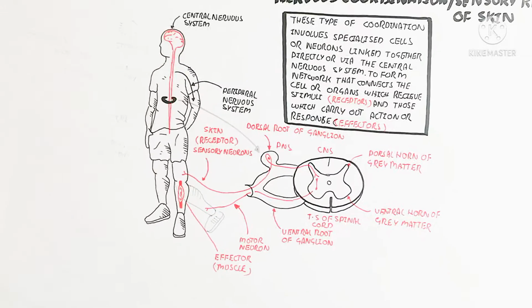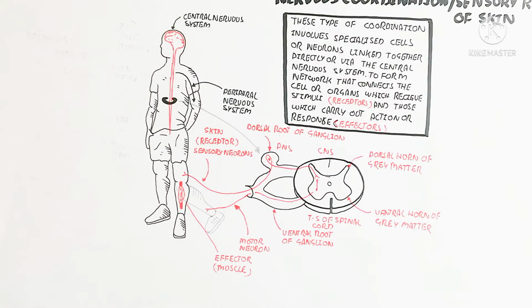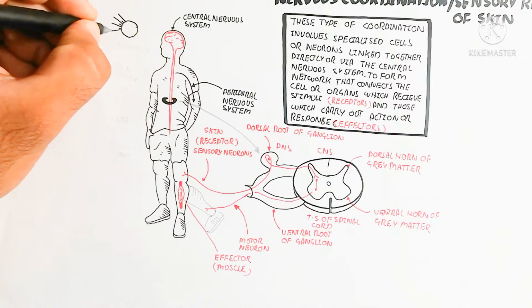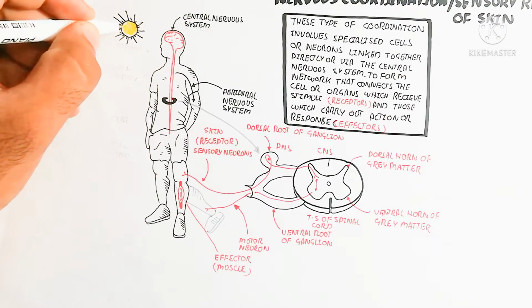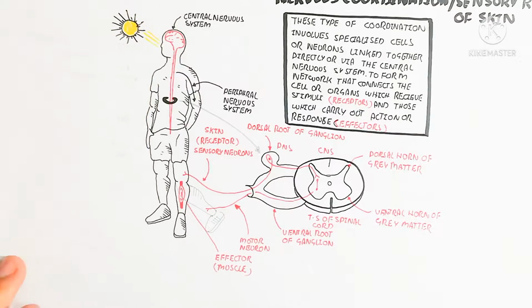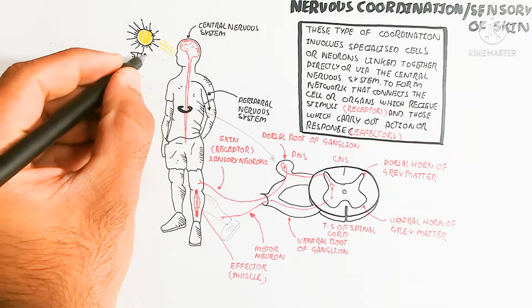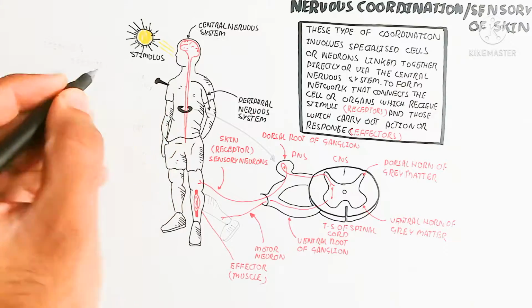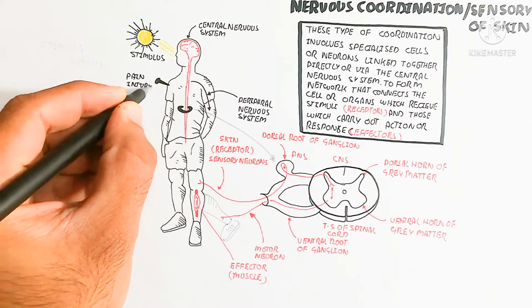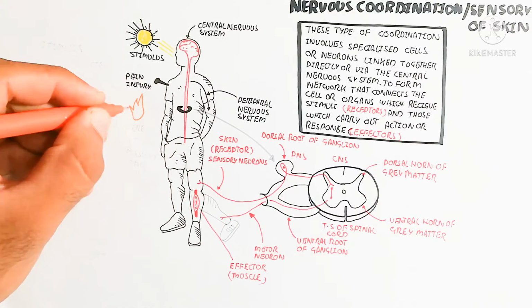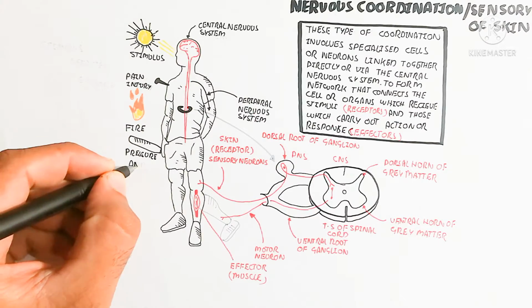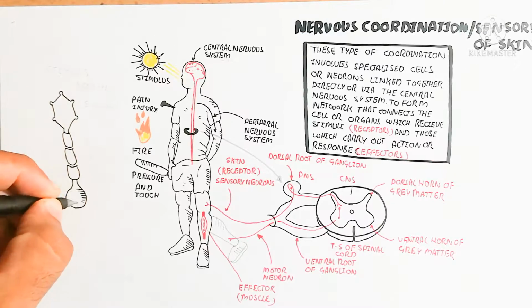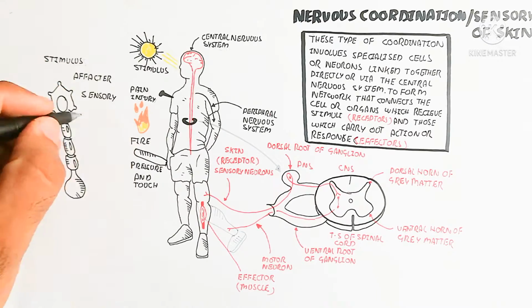Anyhow, we will discuss the general picture for understanding. First of all, the stimulus can be light, pain, injury, fire, pressure, and touch. The fire can burn the skin, and in this way the pain pathway will occur.